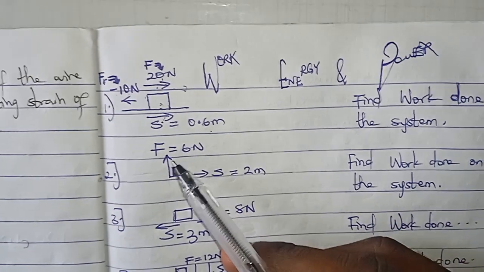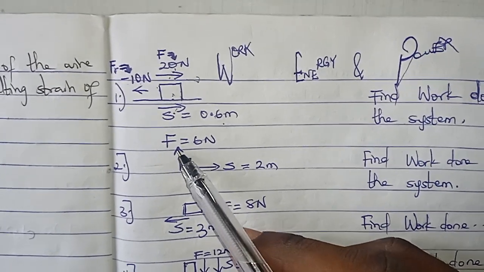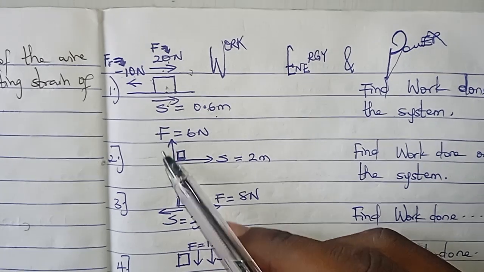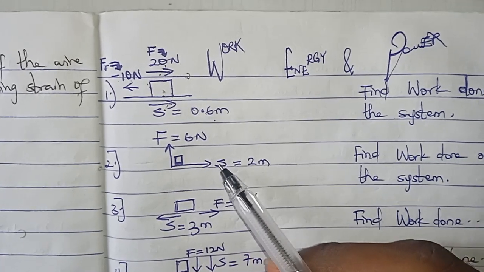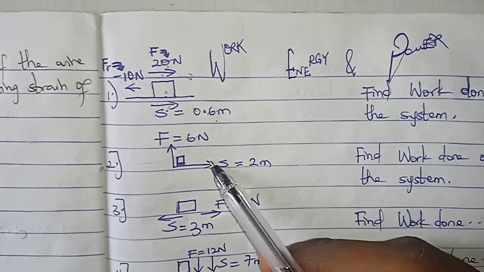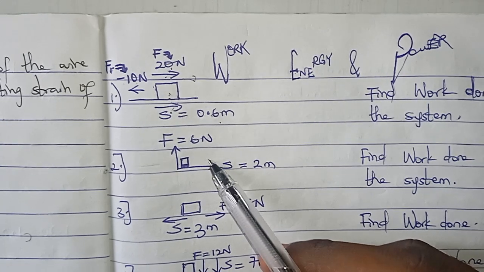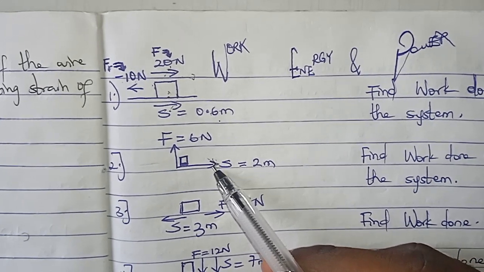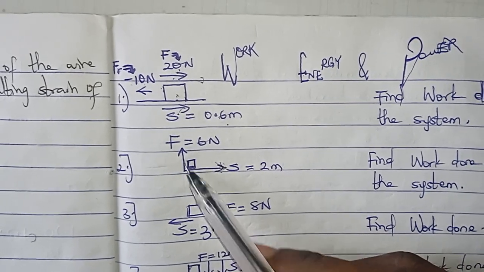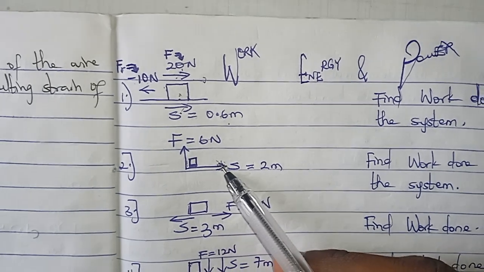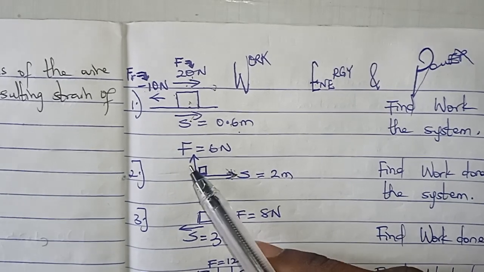Next question says, given a body such that the force is perpendicular, at 90 degrees, and the displacement is going towards the 0 degree, that is towards the first quadrant. So the displacement is at the 0 axis of the first quadrant.